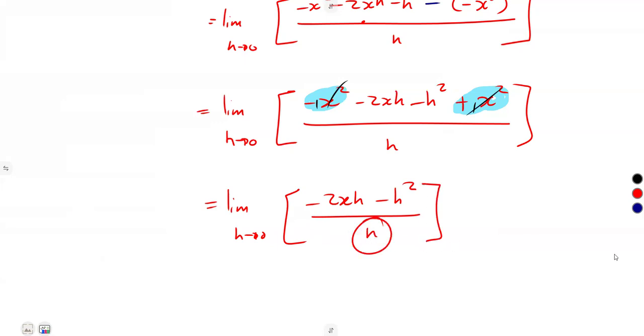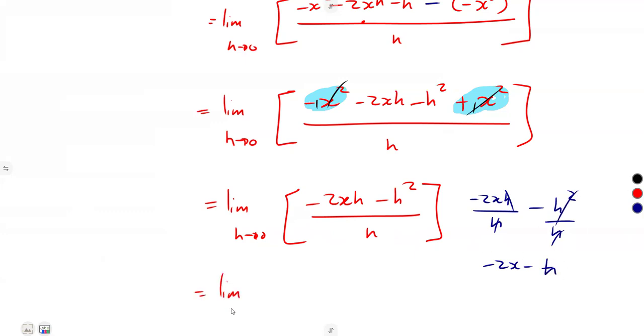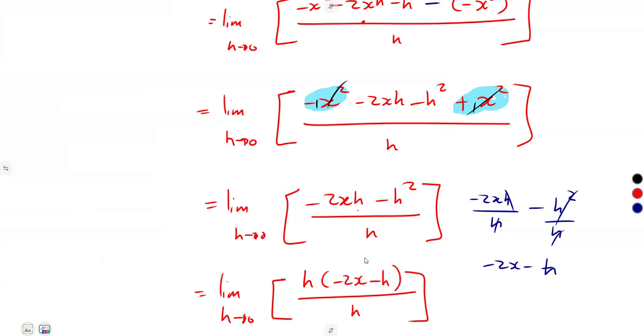Get rid of the h in the denominator before applying the limit, either by separation: minus 2xh over h minus h squared over h, which was going to give us minus 2x minus h. Or you can do this by factoring out the h, which is common in the numerator. That was going to give us h times minus 2x minus h, everything over h in the denominator.